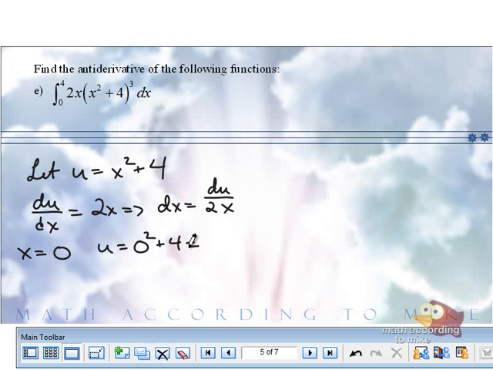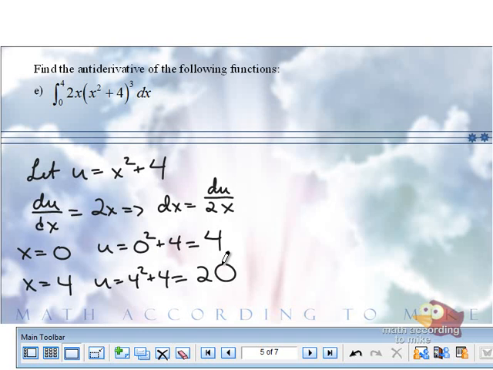So what's u? 4. And the upper bound is 4, coincidentally. So that means u is 4 squared plus 4, which is 20.